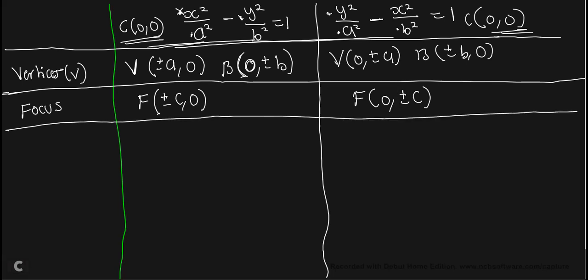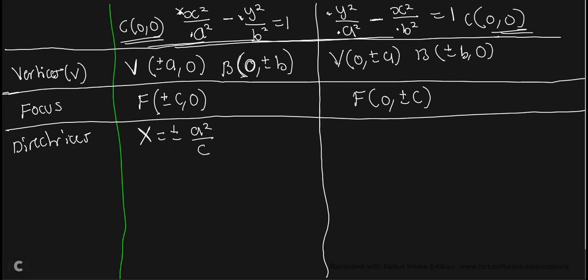Then the next thing that you need to take note of is what we call the directrix. So in this part, your directrix is here. Where is your a? Your a is moving in the x-axis, such that it will be x equal to positive or minus a squared over c.